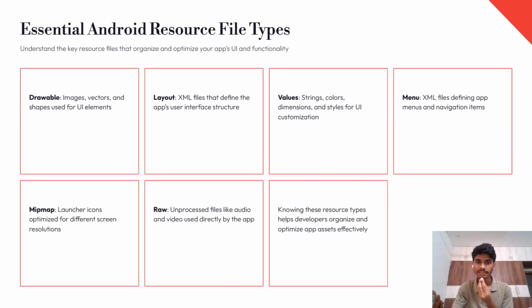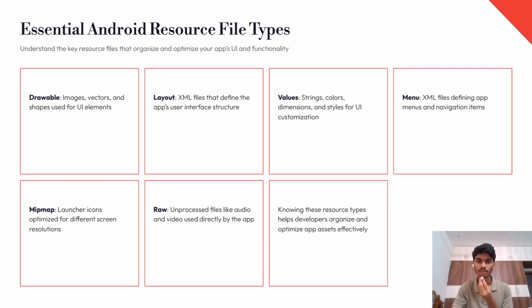This slide highlights the key types of resource files used in Android development. Drawable resources include images, vector graphics, and shape files that define the app's visual elements. Layout resources are XML files that structure the app's user interface components. Values resources contain XML files such as strings, colors, dimensions, and styles for UI customization.